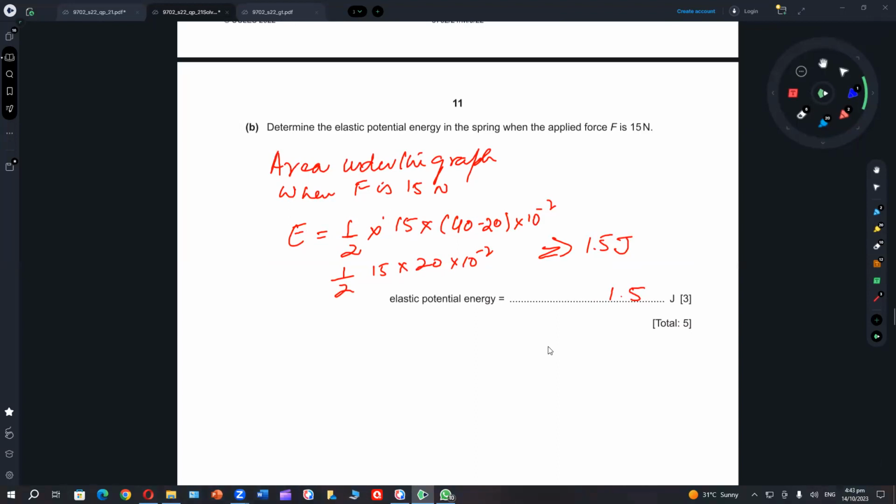So we can find this area, or we can use half Fx or half kx squared. So look at this working. I'm getting the same answer.